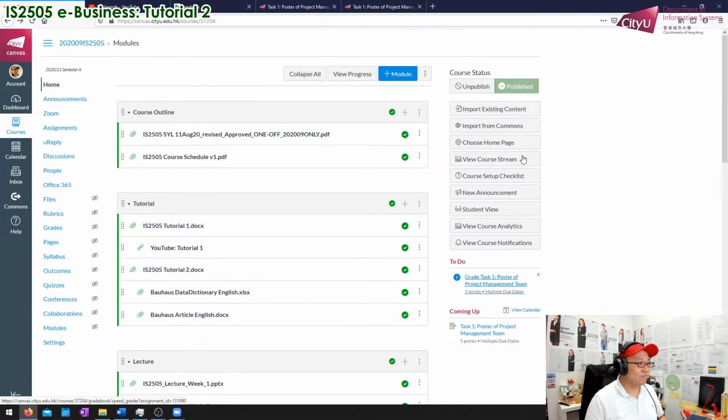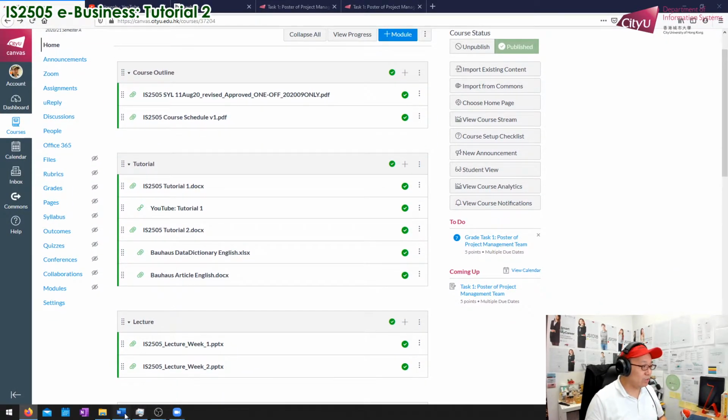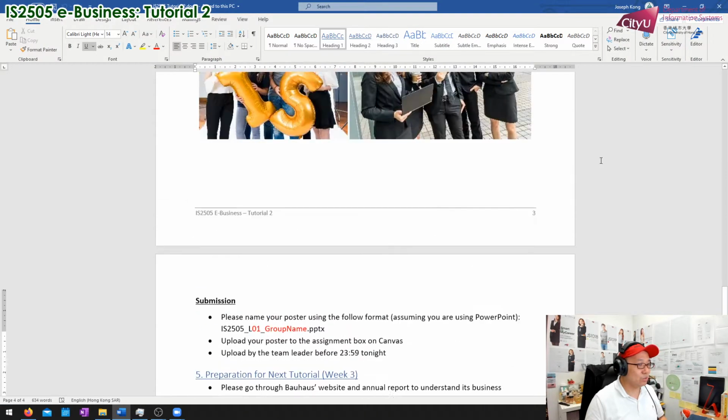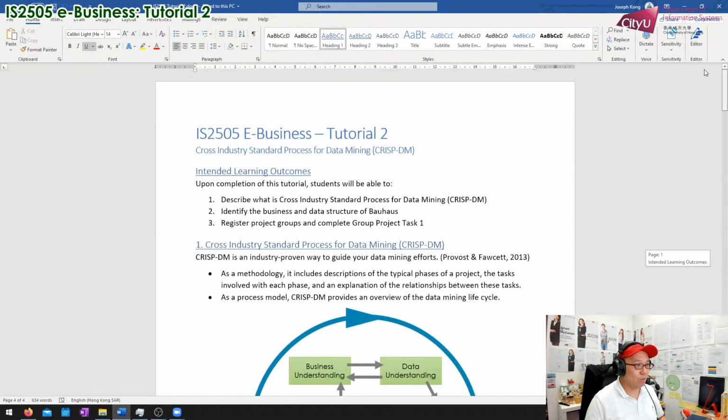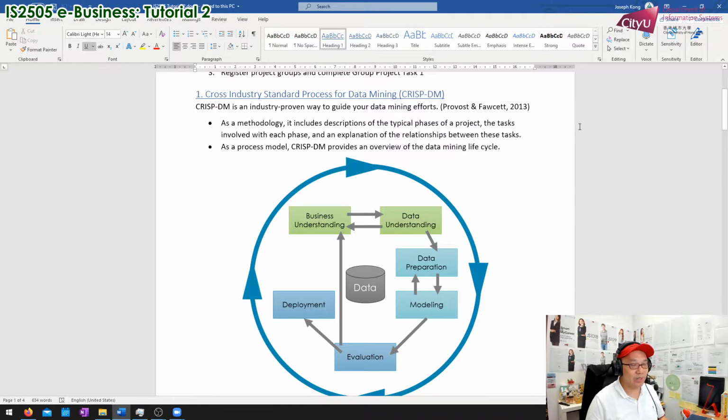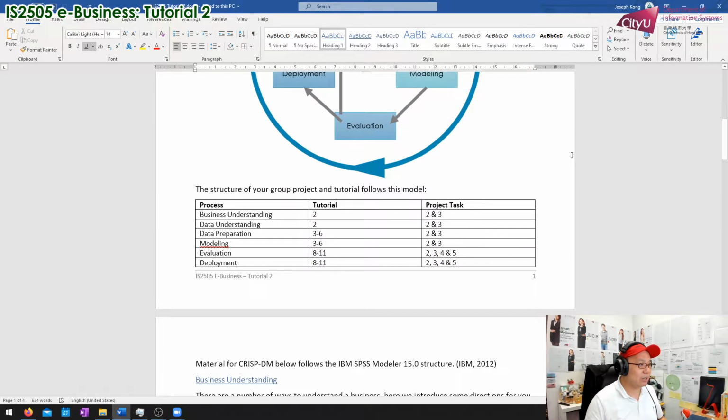On the IBM website, I don't think we need to talk about what company IBM is. This is a model for you to follow to look at problems or any data mining project that you have in mind. It divides this type of data mining project into several phases.